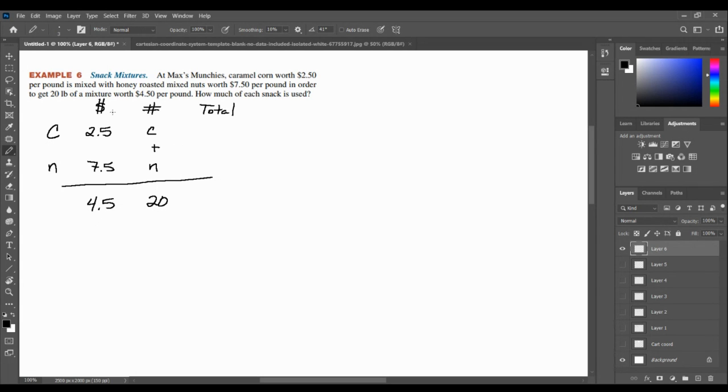So dollars per pound times C, so 2.5 C is the total cost. 7.5 times N would be the total cost for the nuts.